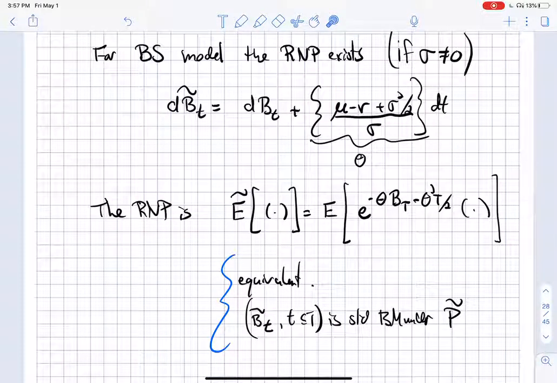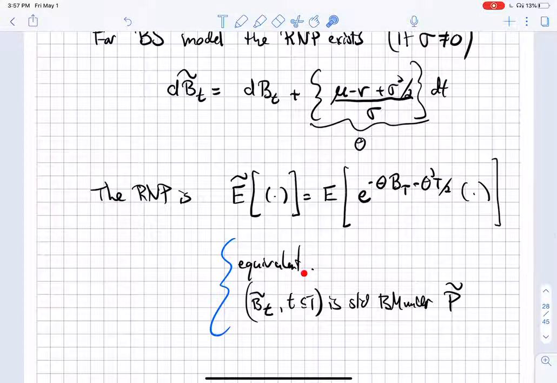This E tilde is just the same as putting this factor inside. It could be any event, and so I do the normal expectation of the event, but with this extra factor in there. So it's equivalent, and also under the new probability it is the standard Brownian motion. So this is really an RNP; it satisfies the definition of RNP.